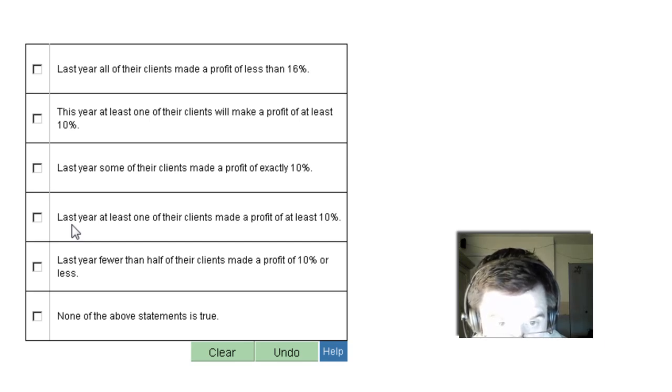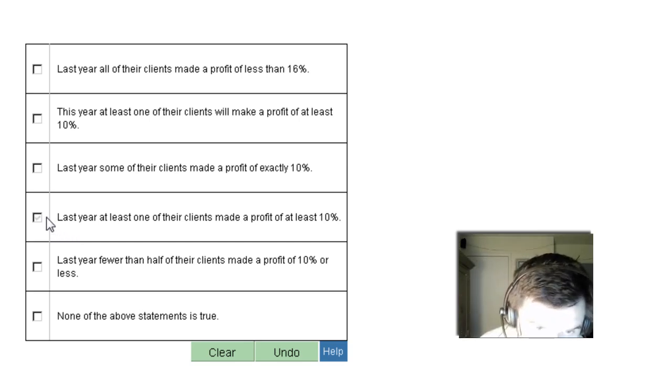If none of them had a profit of at least 10%, then all of them would have had a profit that is less than 10%, and there's no way that the average profit could have been 10. So that is a box we're going to click, because last year at least one of their clients had to have made at least 10% if the average were to come out 10%.